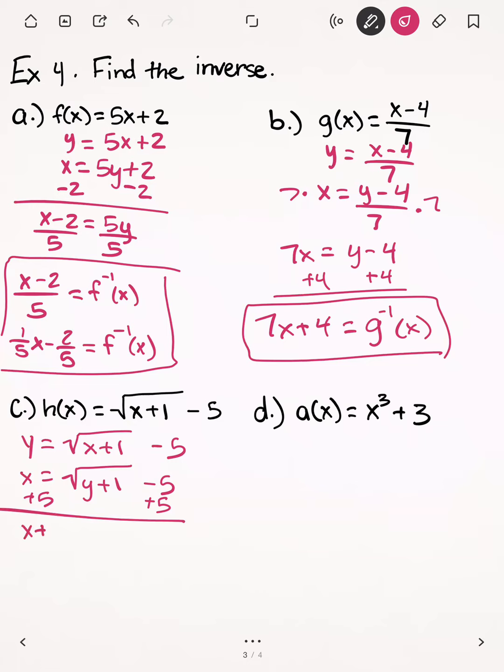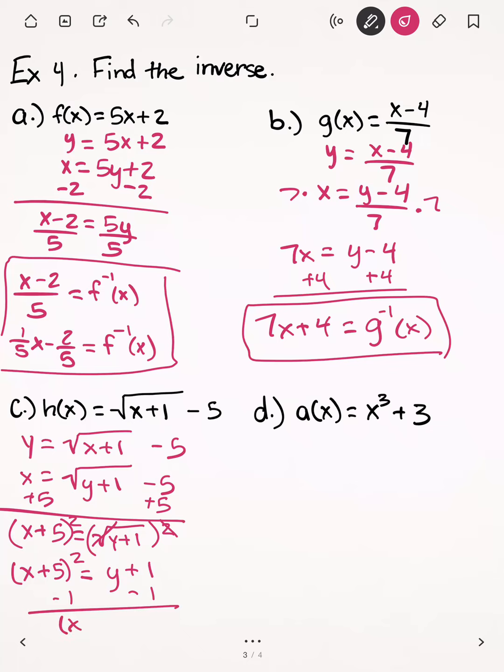I get x plus 5 equals the square root of y plus 1. To undo the square root, I square both sides. I have (x plus 5) squared equals, those cancel out, I'm left with y plus 1. I subtract 1 from both sides, and I get (x plus 5) squared minus 1. That does not go under the radical, which is my inverse, so I'm going to switch it back to function notation.